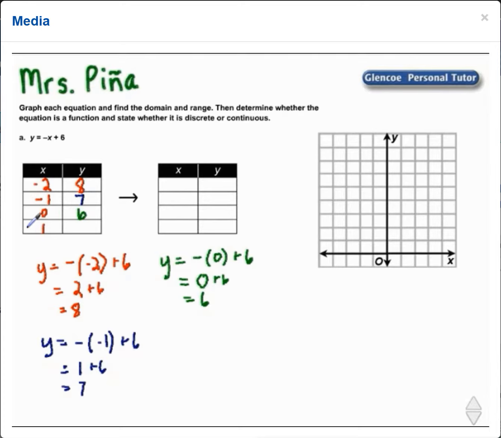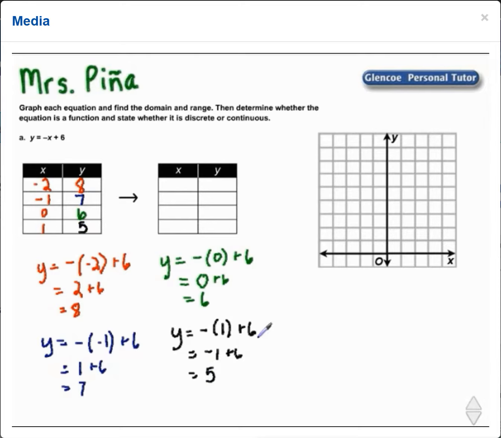And then when I put 1 into the equation, y equals the negative from the equation. In for x is 1, plus 6 equals, the opposite of 1 is -1 plus 6, and -1 plus 6 is positive 5. So this will be 5.